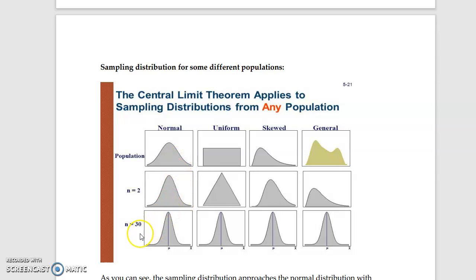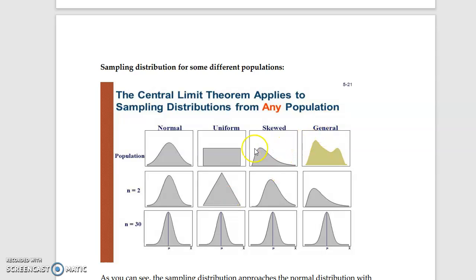When we increased the sample size to 30, the sampling distribution was again centered at 69.5, had a narrower distribution, but was still a normal distribution.